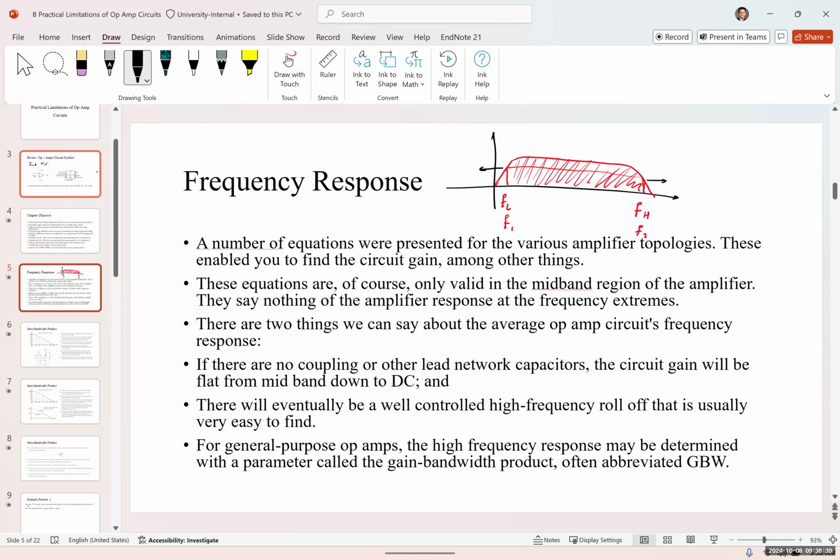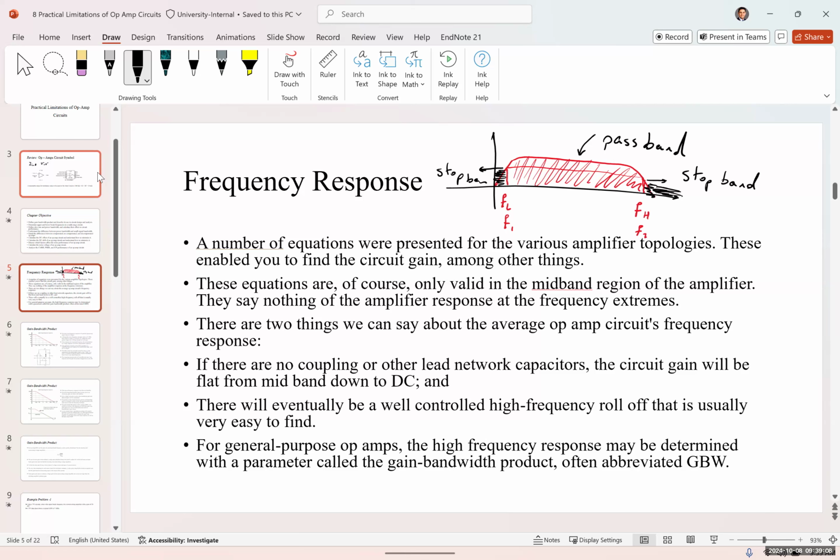Anything outside of this region is what we call a stop band. So this black region is a stop band, and anything inside is going to be the pass band. So we have the stop band and we have this pass band.